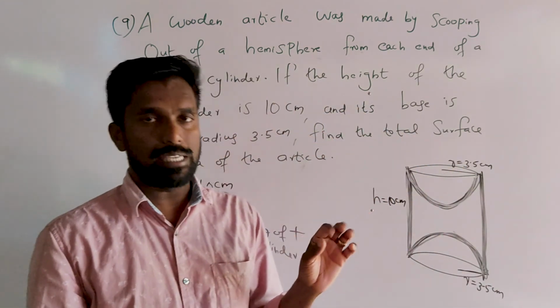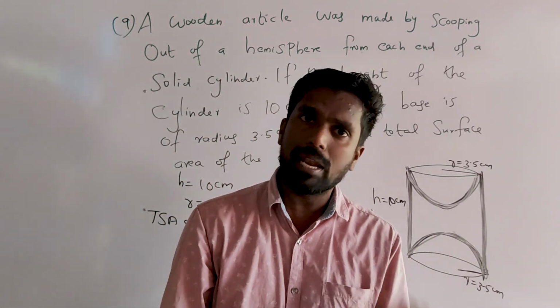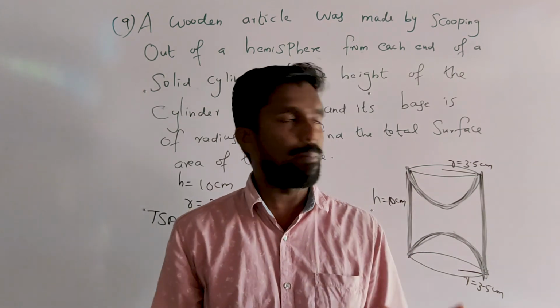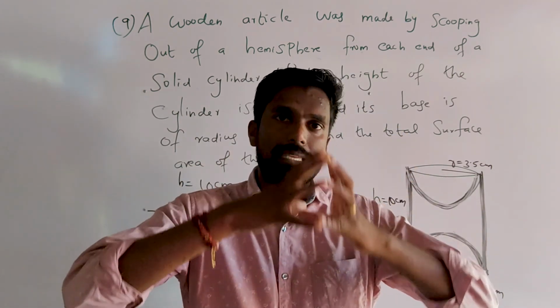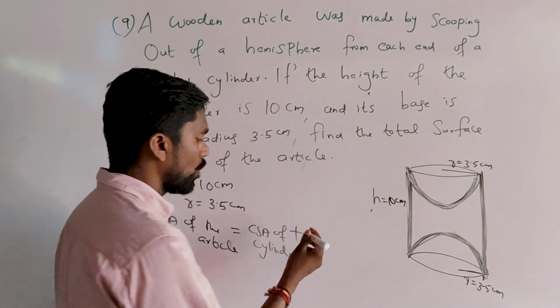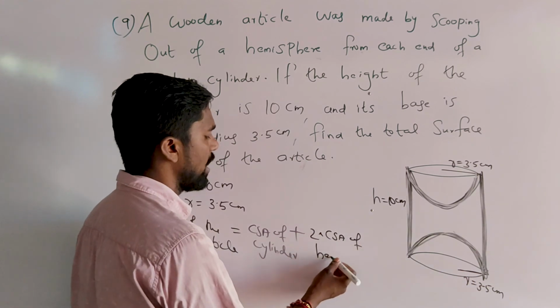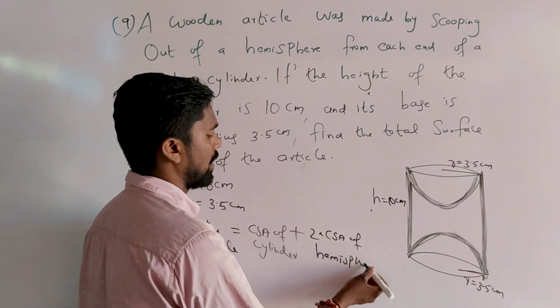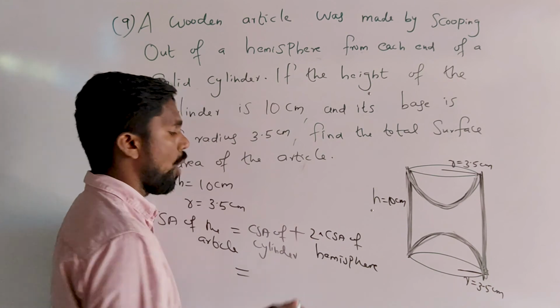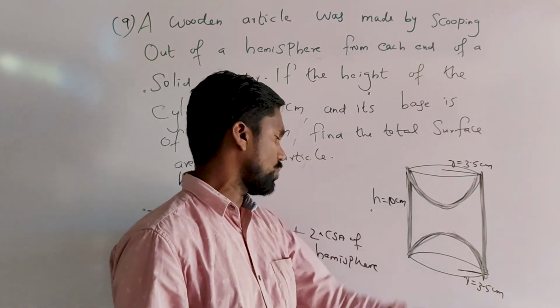So instead of 2 into CSA of hemisphere, you can write CSA of sphere. No problem, because if 2 hemispheres are attached, you will get a sphere. Otherwise, you can write 2 into CSA of hemisphere, because 2 curved surfaces you can see.